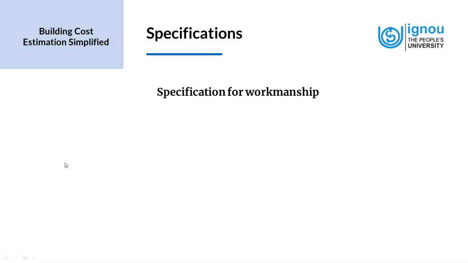Now, writing of specification for construction requires knowledge of construction methods and knowledge of standard of workmanship that is really attainable. The standard laid down will have to take into consideration the availability of various materials and labor.